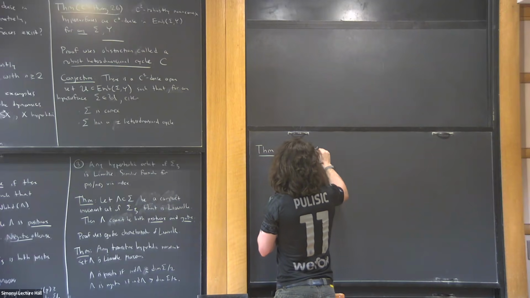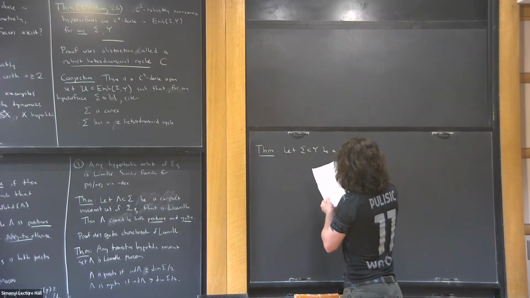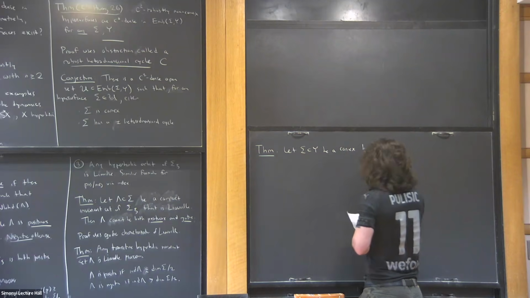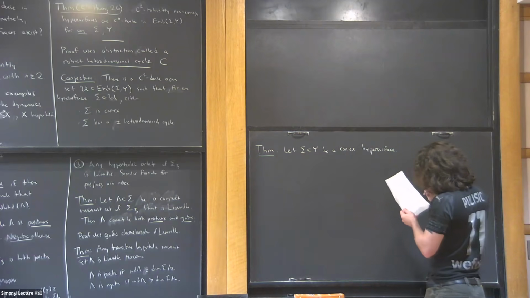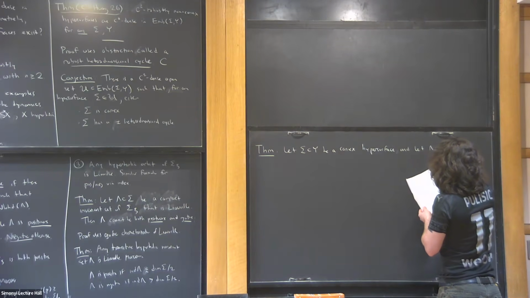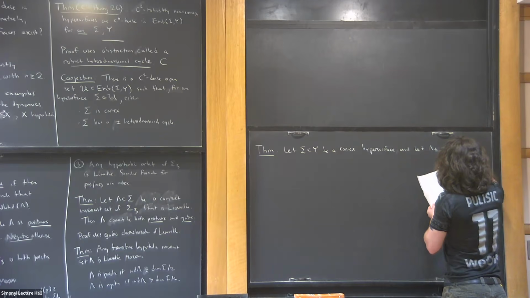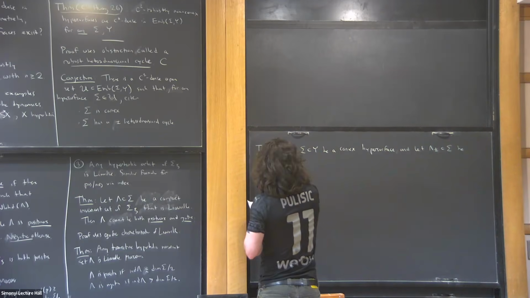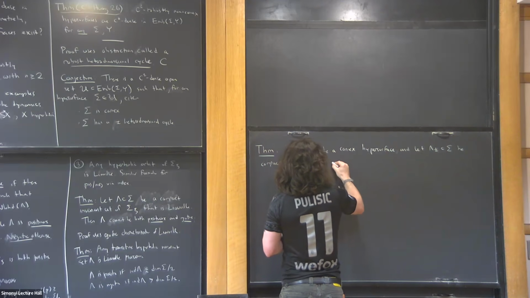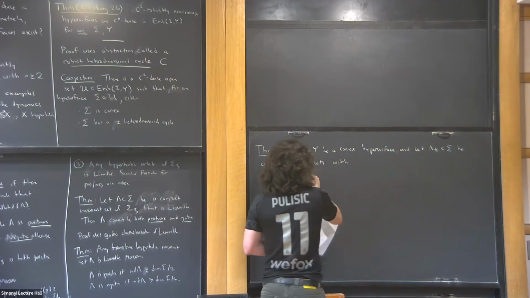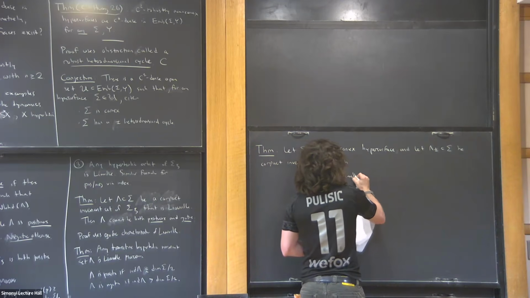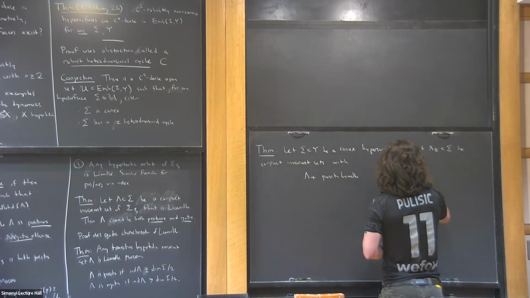Let sigma be a convex hypersurface, and let lambda plus and lambda minus inside of sigma be compact invariant sets such that lambda plus is positive Liouville, and lambda minus is negative Liouville.